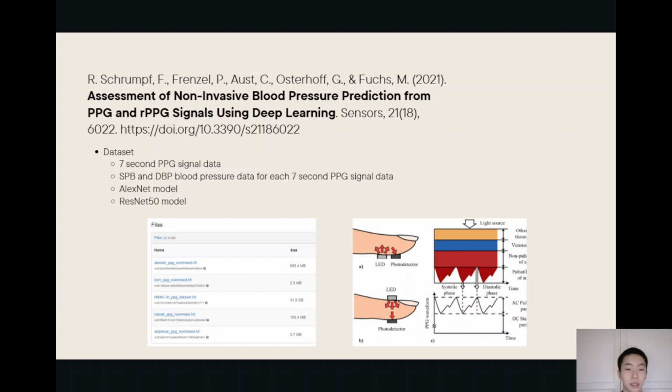As you can see here, when there's less blood, the wave is higher, and when there's more blood, the wave is lower. Systolic blood pressure is the blood pressure measured when the heart is beating, and diastolic blood pressure is the blood pressure measured when the heart is resting between heartbeats. The research also provided both the AlexNet and the LeNet model.